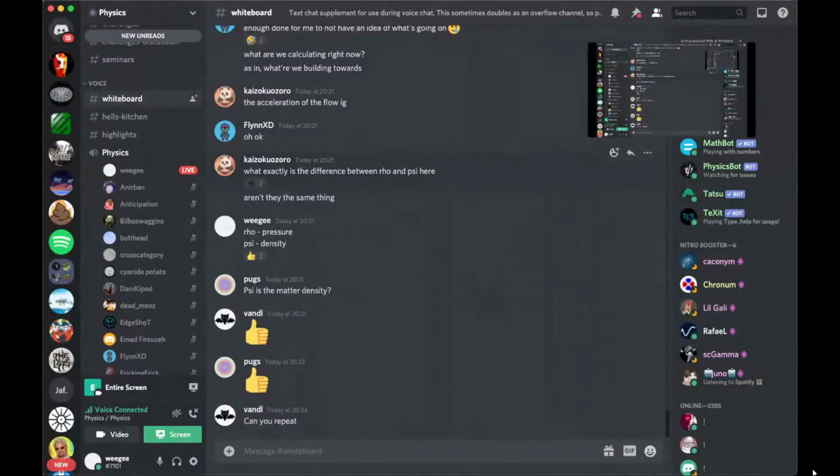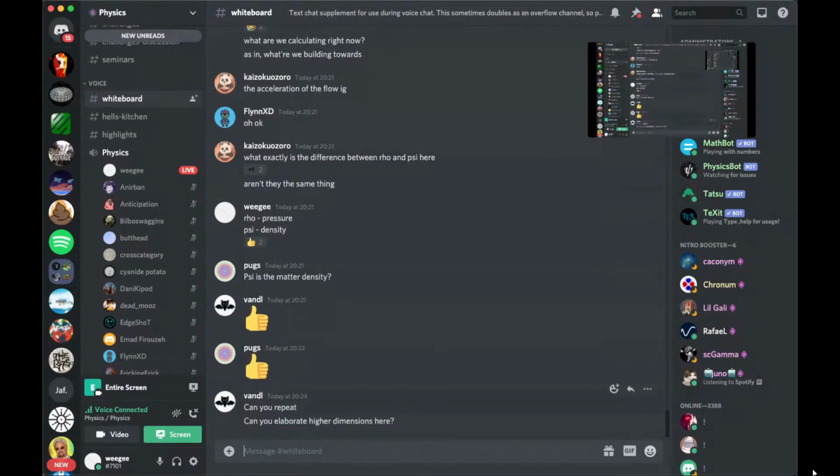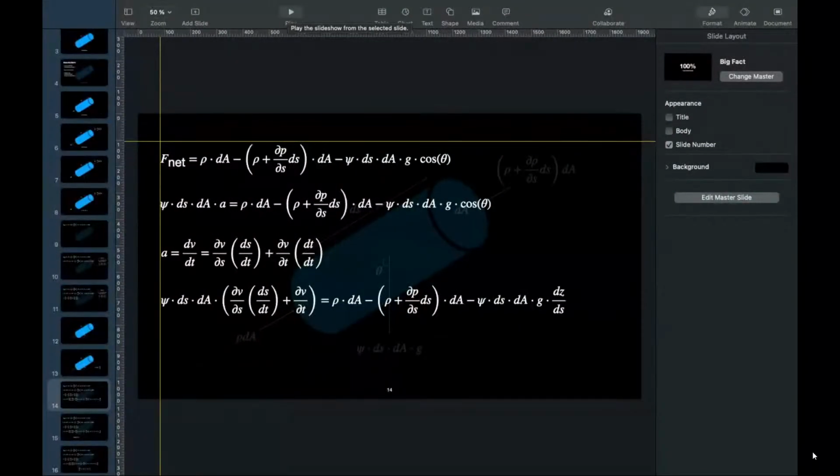I hope that's clear because this is a really tricky part. Basically, when we take the change of fluid in more dimensions, for example, if you work out a partial of anything, then you're taking into consideration the change in more directions.